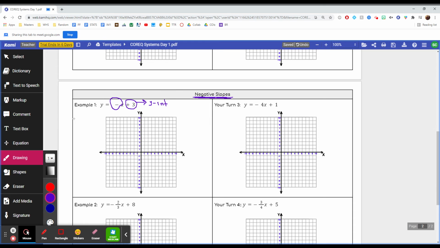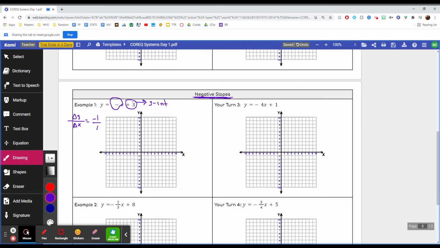Okay, so what that tells me, and this is something important that you need to remember, is when I identify the change in y over the change in x, the negative one is the y, so negative 1, and the x is a positive 1. So my delta x is positive 1, delta y is negative 1. That means that it's moving downwards on the y and positive on the x.